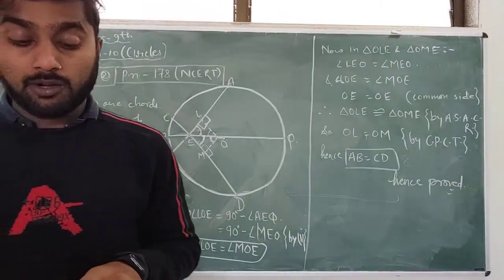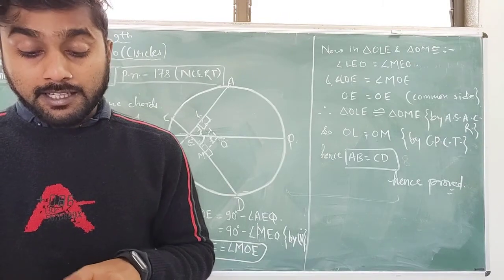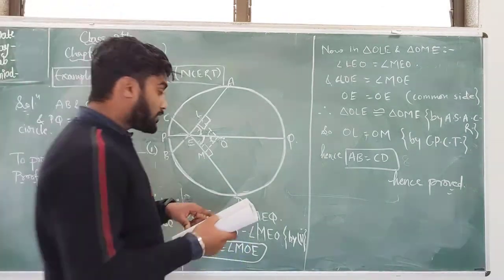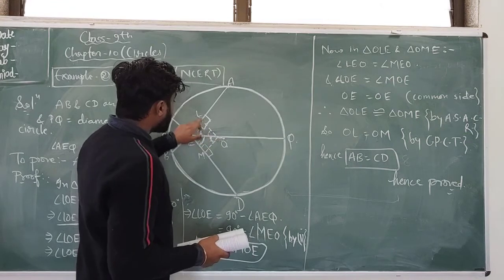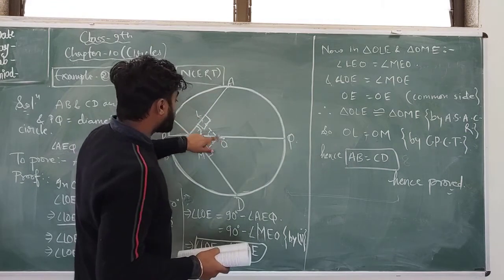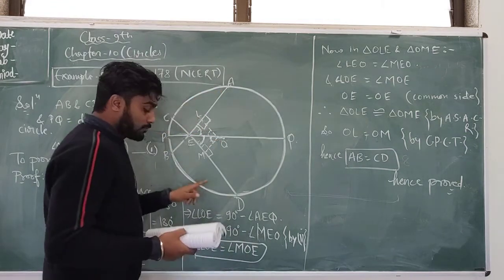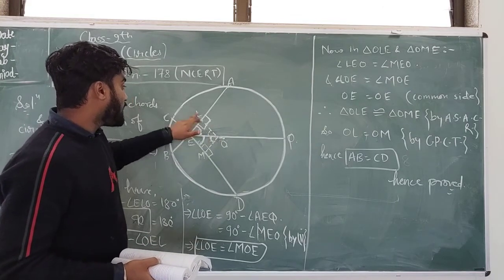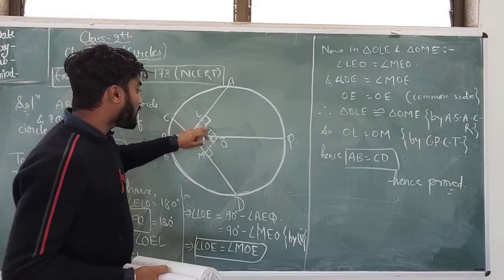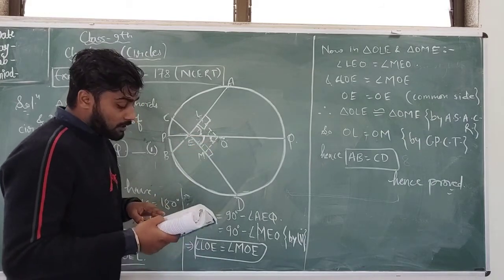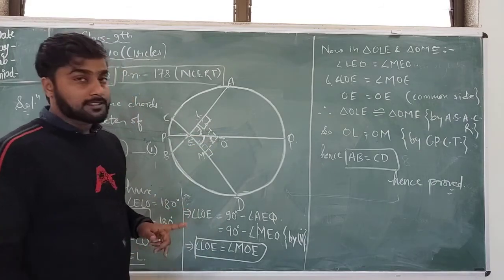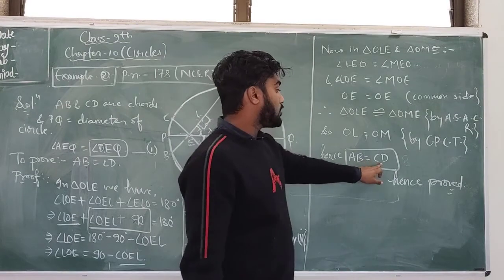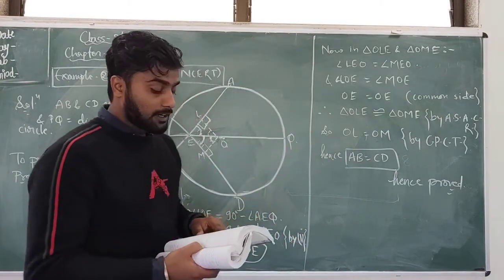Theorem 10.7 is chords equidistant from the center of the circle. Here the chords are AB and CD. Both are equidistant from the center because OL is equal to OM. That means these two are equal in length by theorem 10.7.